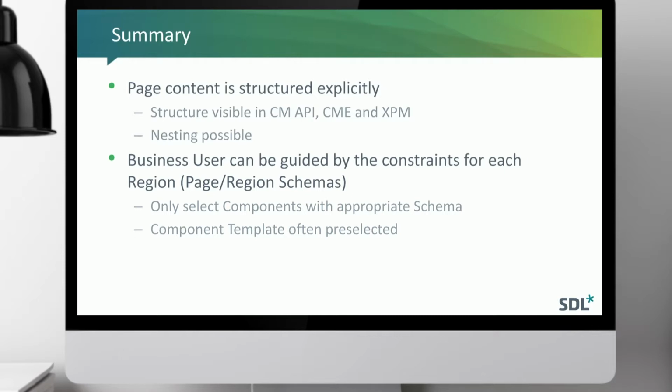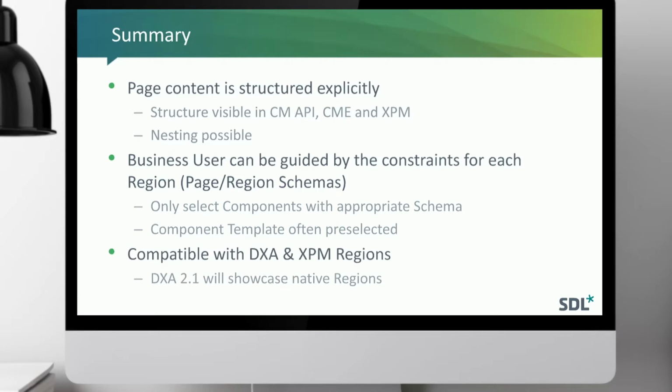And yeah, it drills down to two parts. The user is guided to select the right components based on the right schema, and the component template can be predefined so that the user doesn't even have to explicitly select that component template. And the entire thing is compatible with DXA and with XPM regions. In particular, DXA 2.1 will showcase native regions.